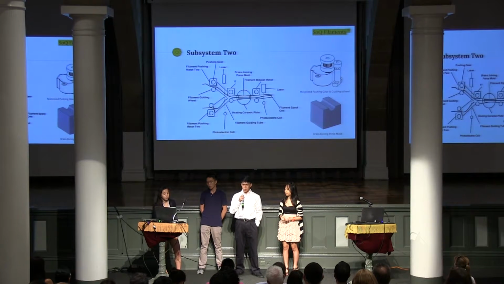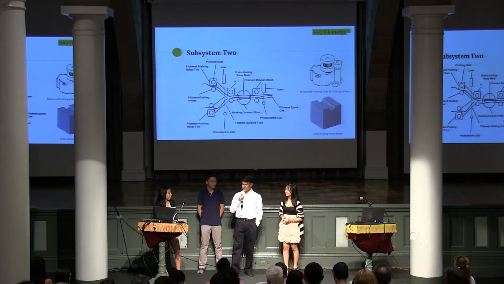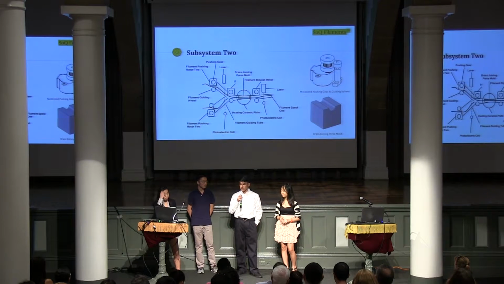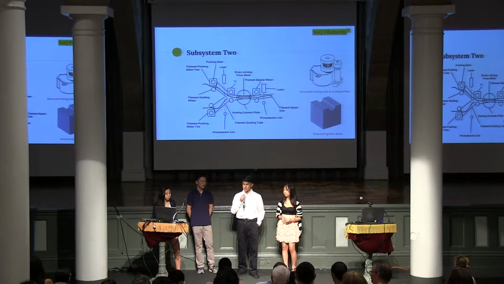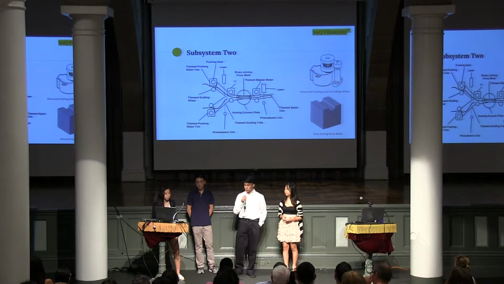In subsystem 2, all the molding, the melting, the heating, and the cooling will occur. On the left, you'll see 2 stepper motors, and they'll have pulleys with pusher gears as well as wheels with grooves on them, and this is just to move the filament. Then on the right of it, you will have a laser and a photoelectric cell. As the filament is passing by, no light will pass through, but once the filament runs out, light will be able to pass through the photoelectric cell and tell one of the motors to eject filament.